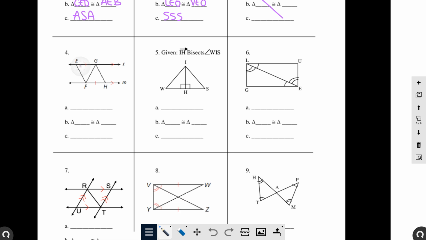So this angle up here at the corner at E could be equal to the angle at F. This angle up here at G would be equal to this angle here at F, going from the parallel line to the transversal. And we could kind of keep going with angles that are the same.